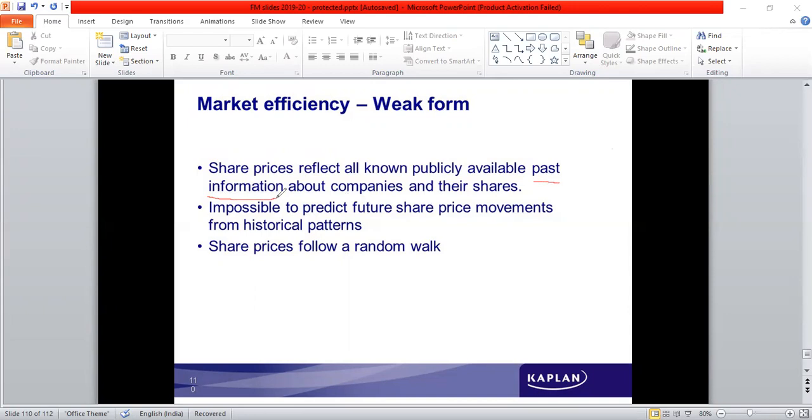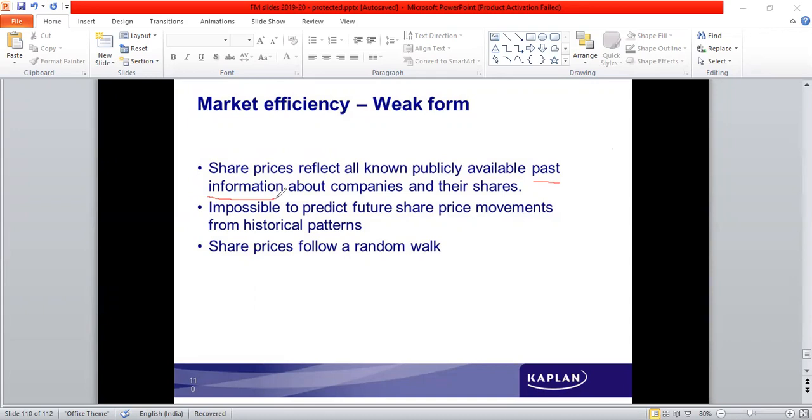In the present, there may be many changes, and to accommodate themselves according to the present changes, no information is available to them. Because of this lack of information, we call these markets weak form markets.